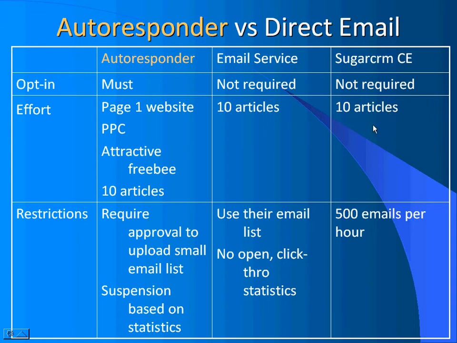Okay, the next thing we want to look at is restrictions. For autoresponder, when you have a list, like just now I was saying, you meet people face to face, you get their name card, they call you through the phone, you get their contact, and you want them to receive your marketing material.